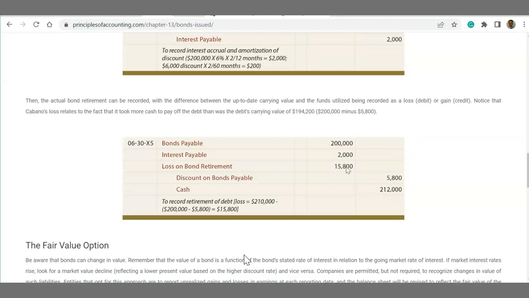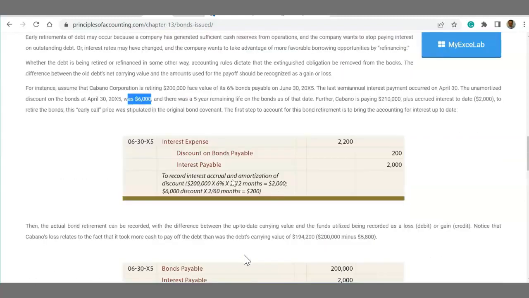And now you might say, why would a company want to pay a bond ahead of time before maturity and get such a big loss? Because the company knows if they keep this bond for another 5 years remaining, they're going to end up paying a lot of interest. And they have the cash available.